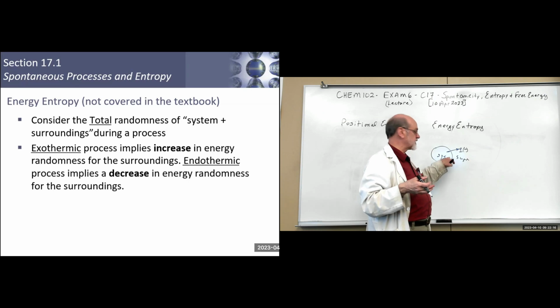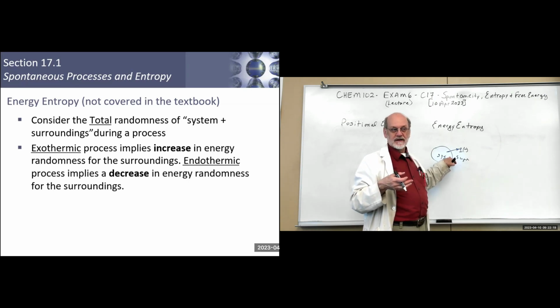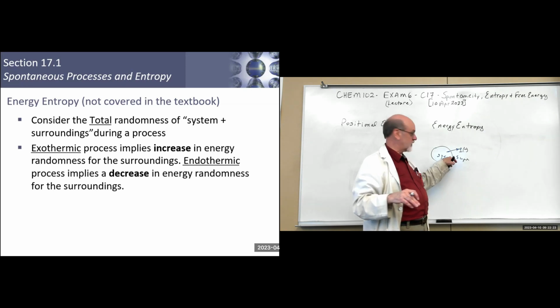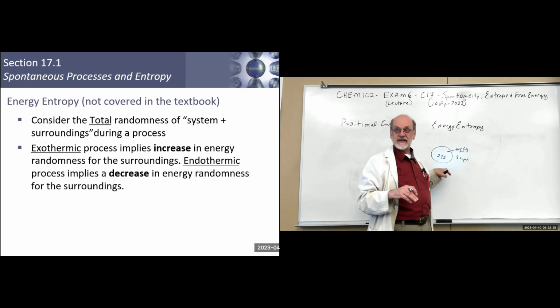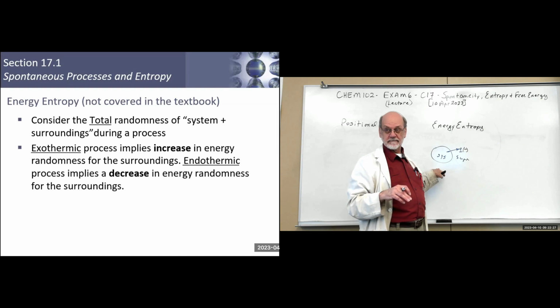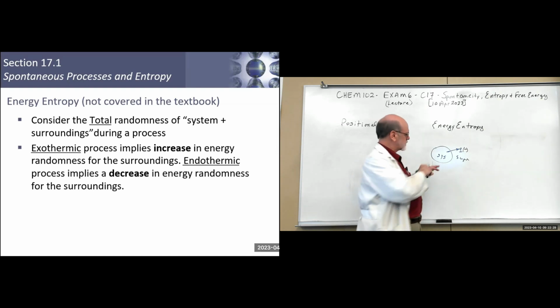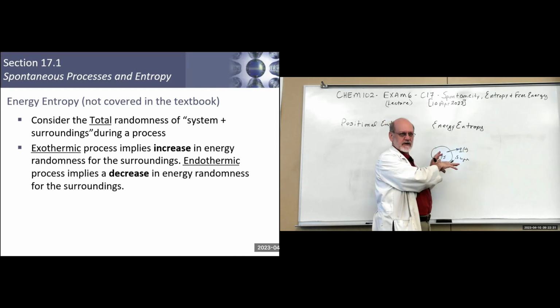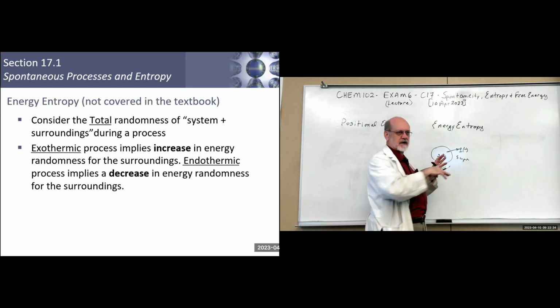So what's happening to the system? The energy entropy of the system is decreasing. If we transfer energy out of the system, then its energy entropy is decreasing. So there's sort of a balance here between system and surroundings in terms of energy.